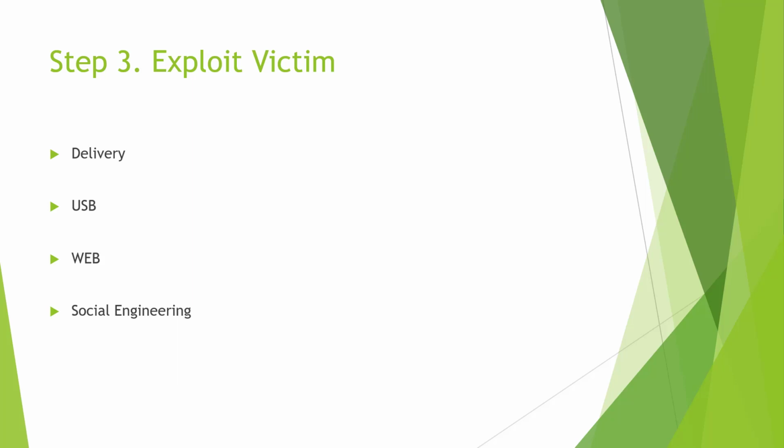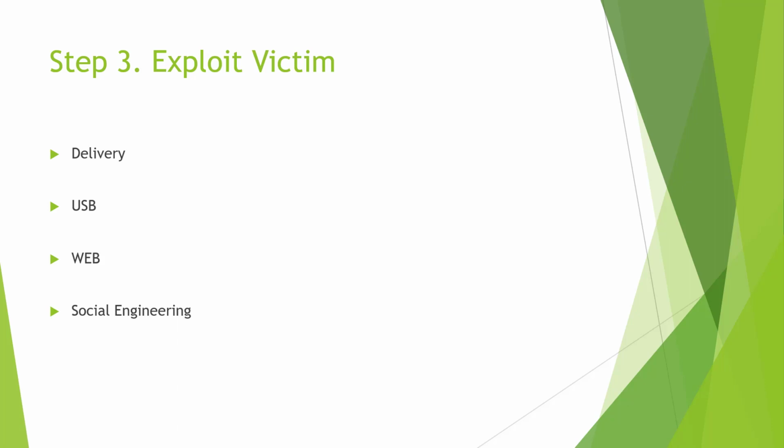Maybe we do it on a web server and we get the link to the victim somehow. Or we can do social engineering. Again, the goal here is to pass the exploit from us, the attacker, to our victim. Today we're going to do the web path, the web route.